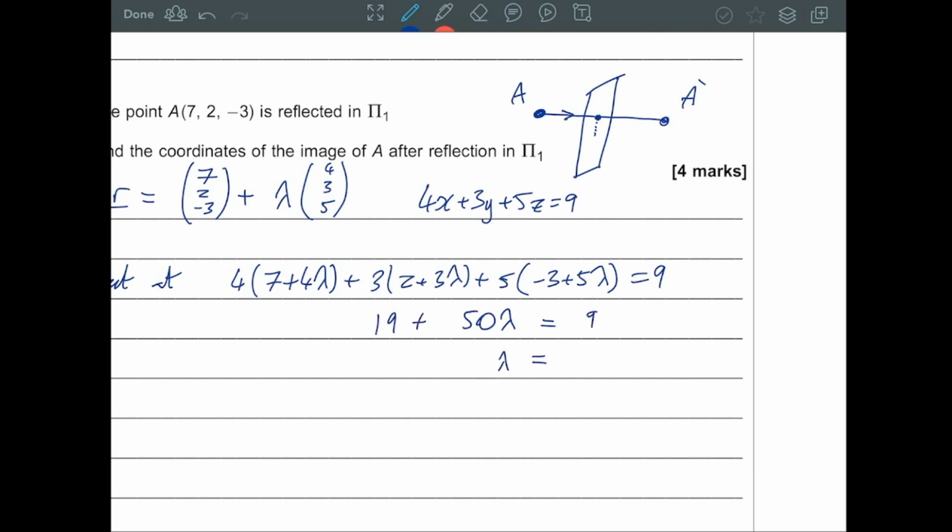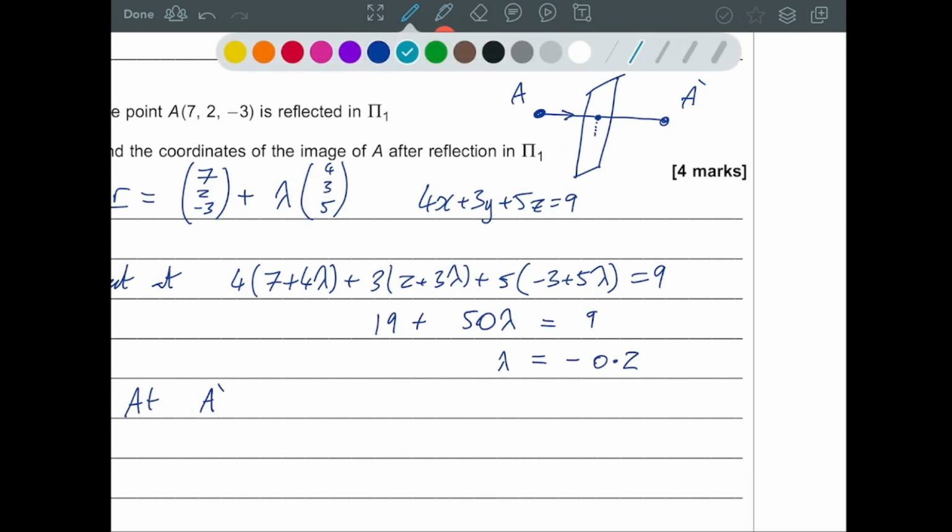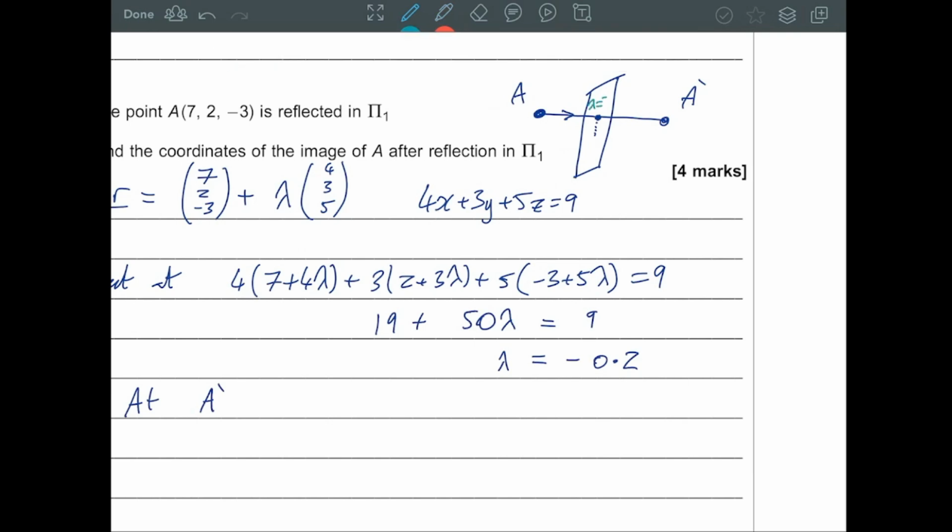So lambda is going to be negative 0.2. So at A dash, so this is telling me that if we go back to my picture here, lambda is negative a fifth. I've gone negative a fifth of the way. So if I want to reflect to the other side, I need to go that distance again.